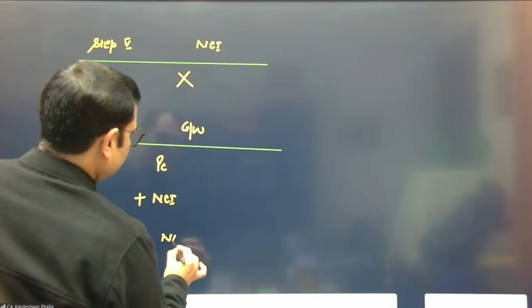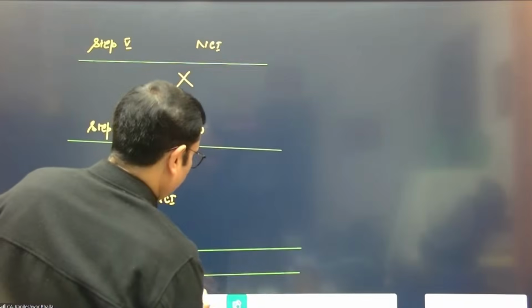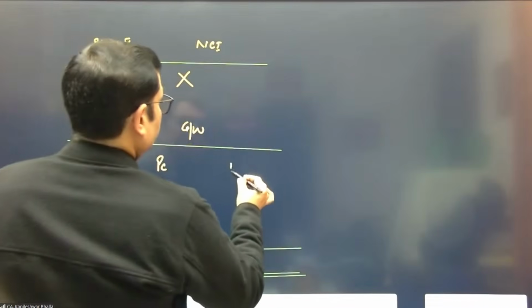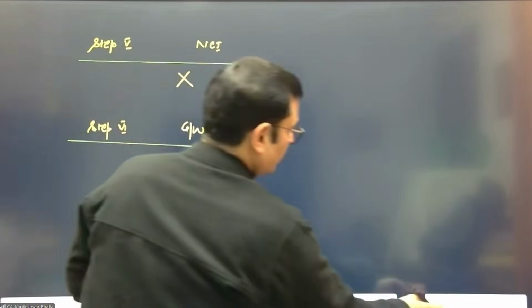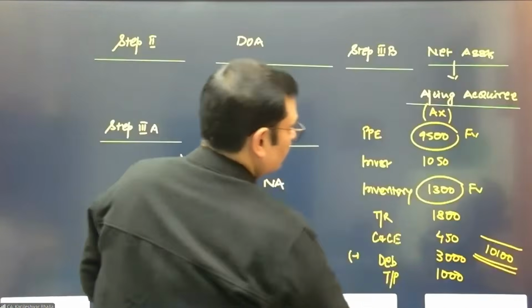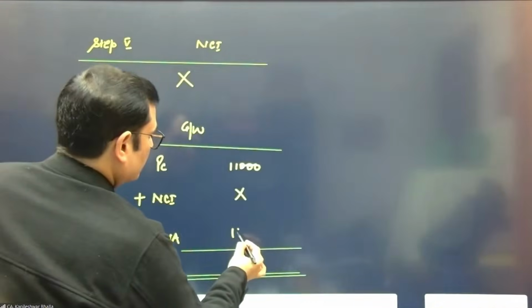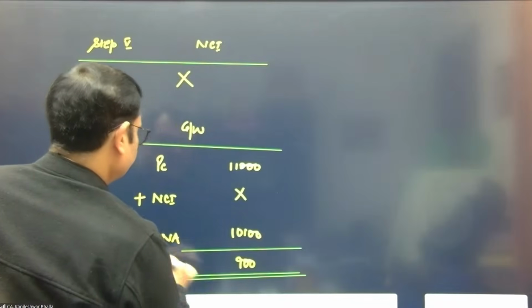Compare this with the net assets, and we will be able to get the goodwill or the bargain purchase gain. So my purchase consideration is 11,000. There is no NCI. And the net assets were 10,100. So we're getting a goodwill to the extent of 900 in this case.